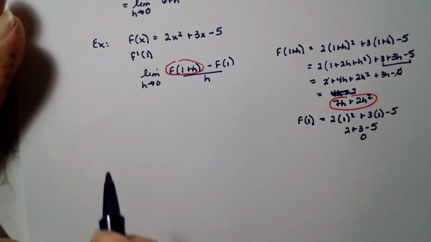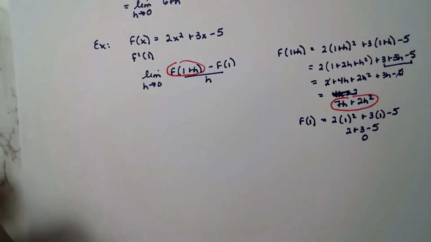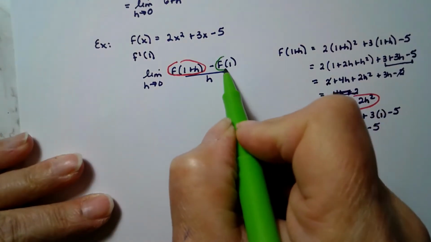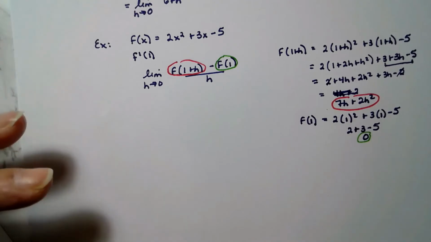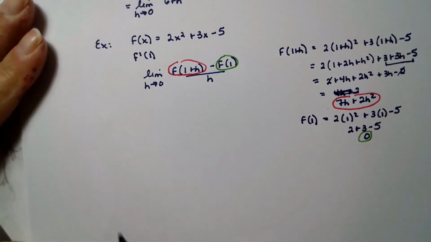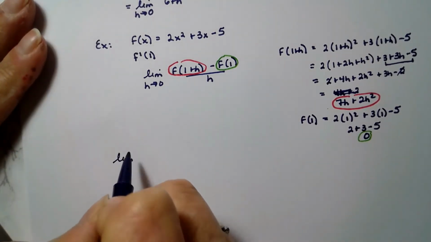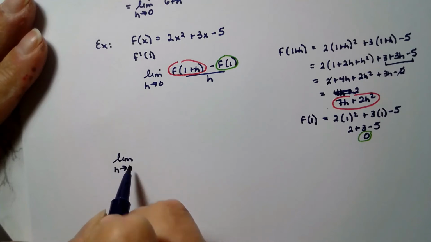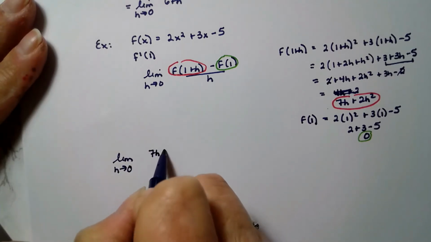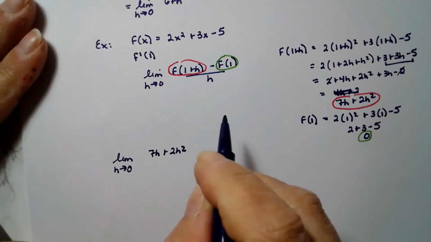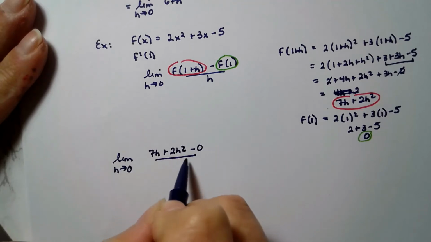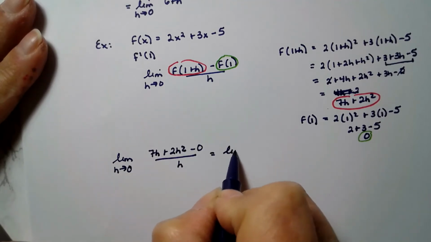So I'm going to replace this with this. So we have the limit, as h approaches 0, of 7h plus 2h squared minus 0 over h. That's equal to the limit.